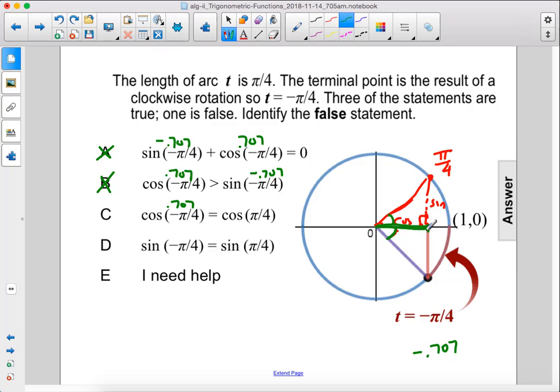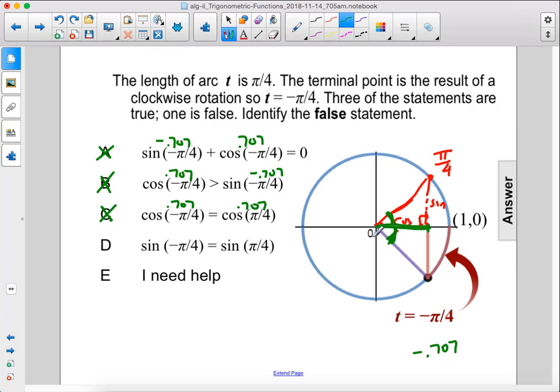It's positive. It's going to be 0.707 for both the cosine of this angle and the cosine of this angle. This is the pi over 4 angle. This one is the negative pi over 4. So this is also 0.707. These are equal. Therefore, that is a true statement. We can eliminate it.